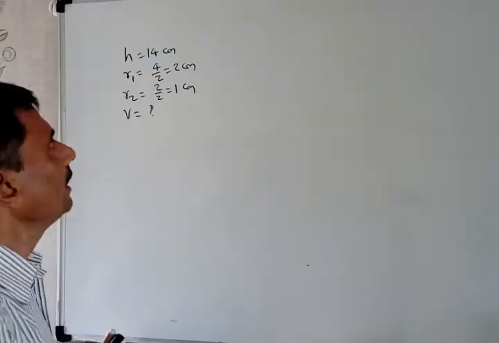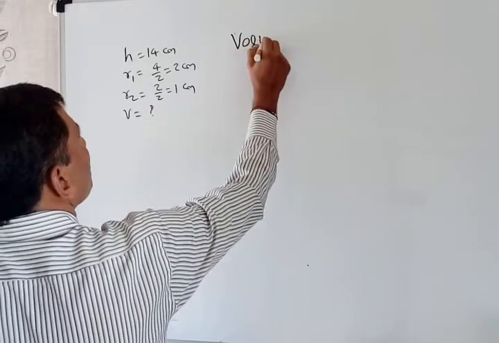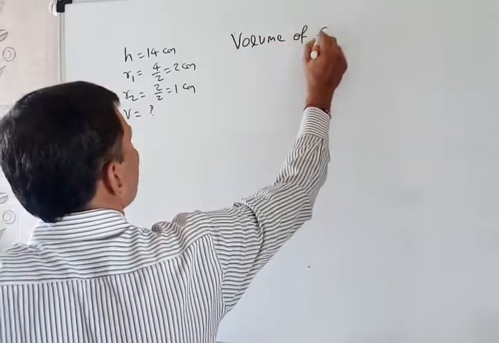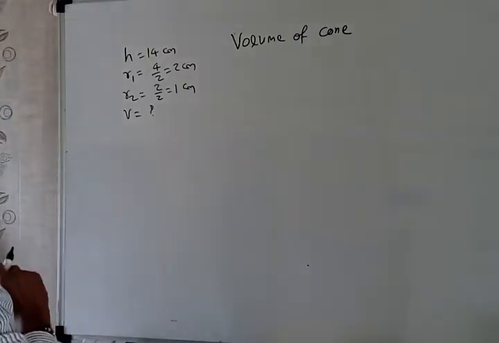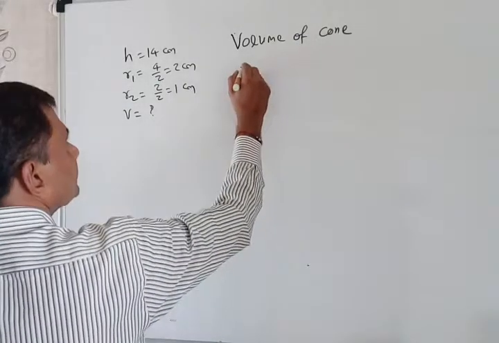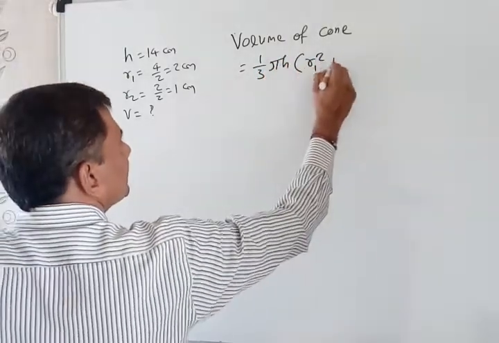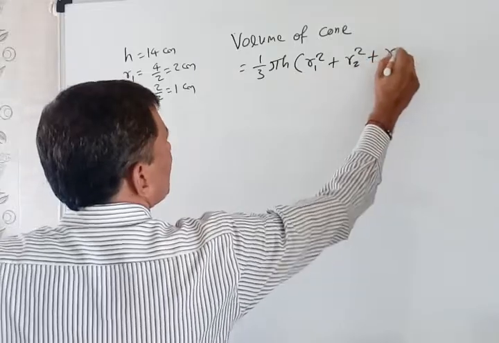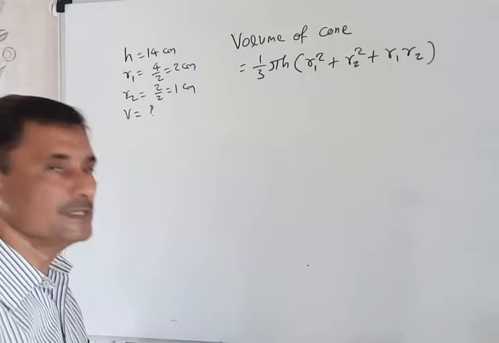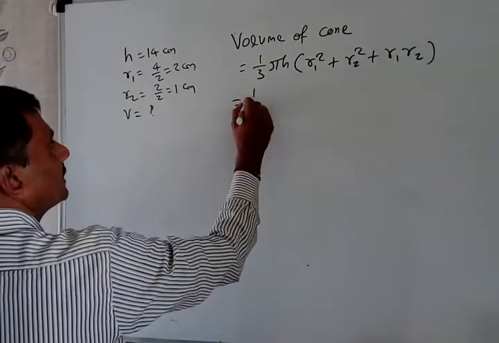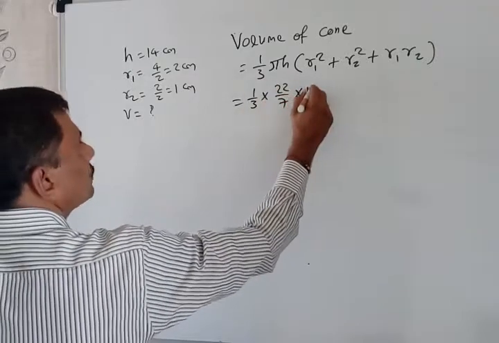Okay. Now look here. I am just placing the volume formula. So volume equal to 1 by 3 pi h (r1 square plus r2 square plus r1 r2). Values we have to take, 22 by 7 only. So 1 by 3 into 22 by 7 into height 14.